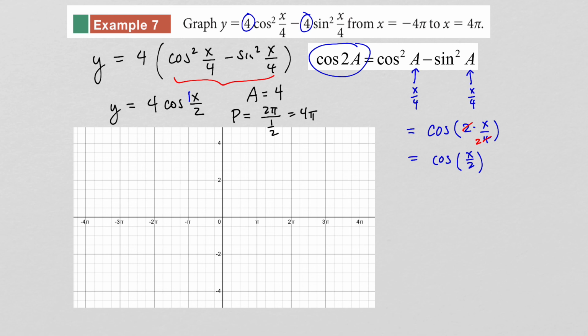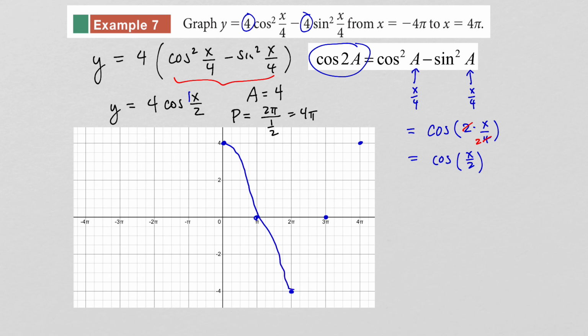And so cosine starts at the top. The period is 4 pi, so it's going to end at the same place it started. Halfway in between at 2 pi, it will be at its minimum value, which will be down at -4.